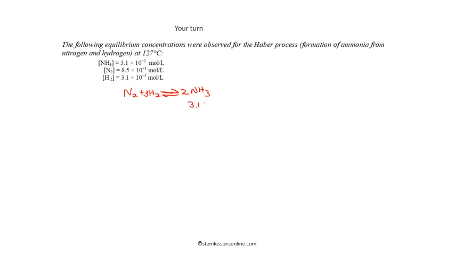This is 3.1 times 10 to the power negative 2, and for nitrogen it is 8.5 times 10 to the power negative 1, and hydrogen 3.1 times 10 to the power negative 3. So first I have to write the K expression, that is products over reactant. So product ammonia NH3 to the power 2 because coefficient 2, and divided by concentration of nitrogen and concentration of hydrogen to the power 3.